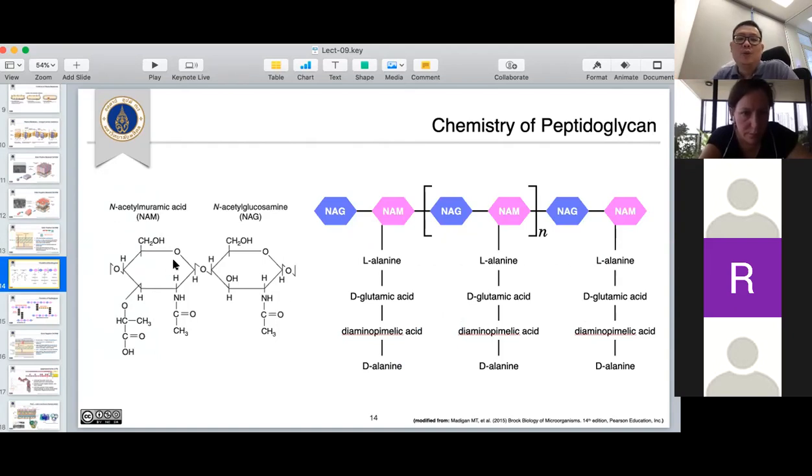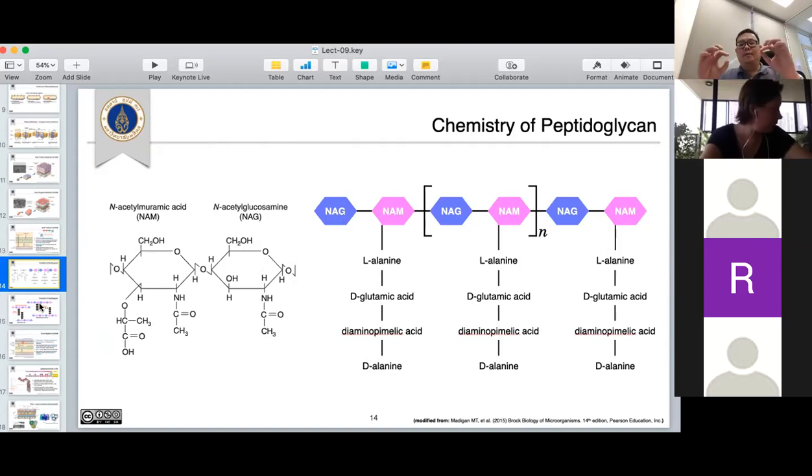So we have two types of sugar molecule linked together, NAG, NAM, NAG, NAM, like this, N meaning there are many of them. At the N-acetyl muramic acid, they link with another 4 amino acids. These amino acids are not just common amino acids in metabolism, but derivatives of amino acids, for peptidoglycan. So everyone can imagine the structure of peptidoglycan.